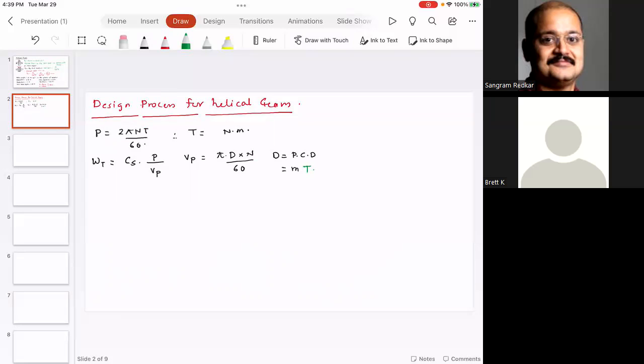Before you proceed to the next step, you want to make sure to do the weakness calculation.